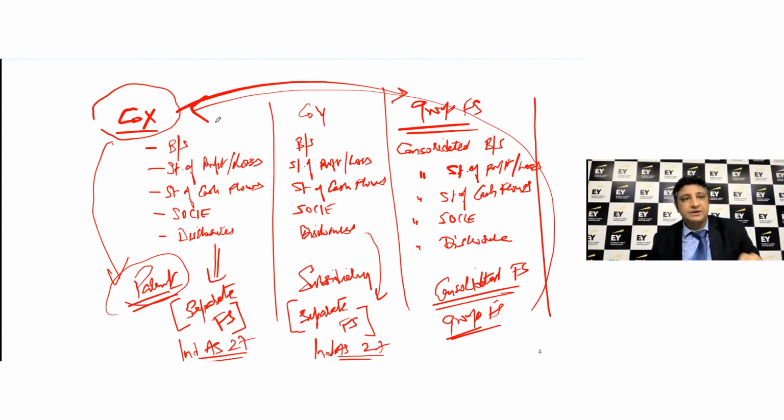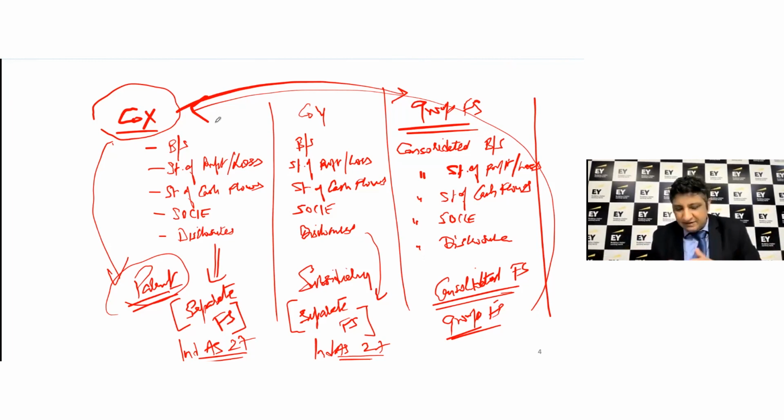You start showing higher sales and higher purchases or expenses or investments or profitability, etc. They are all required to be eliminated, and you present a clean picture of the group in terms of what has been the performance and the position of the group as a whole, as a single entity. How have X and Y together performed? And that is where the transactions between X and Y would get eliminated.